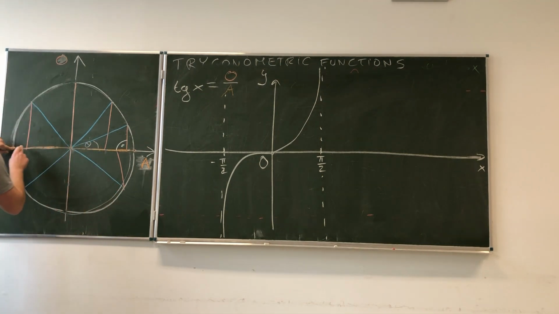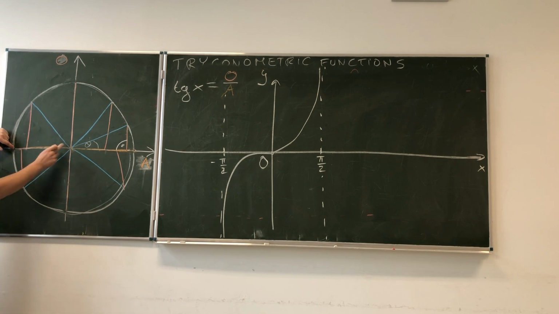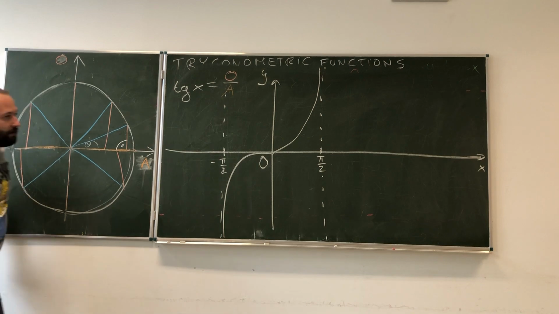And over here, what will we have? Now the adjacent is at hypotenuse side, and then we're getting two negative values because adjacent is negative, opposite is negative, which gives us a positive value.